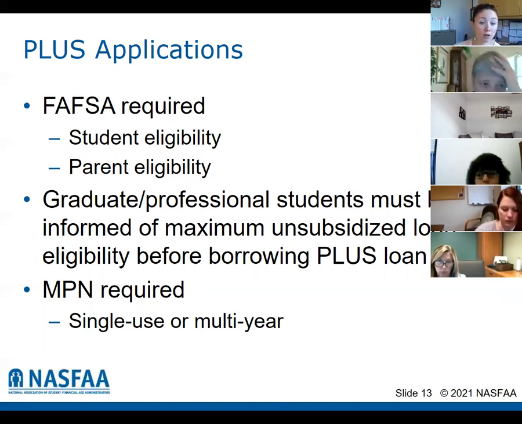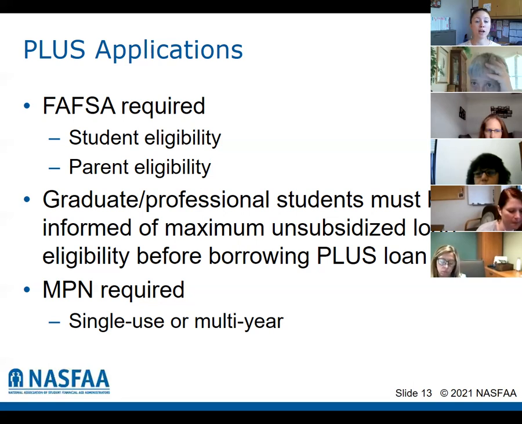And then with graduate students, the student is also required to take their Stafford loan before they take their PLUS loan. So they need to be offered their Stafford loan and they need to accept it for the maximum annual amount for that loan offer before we can originate a PLUS loan.